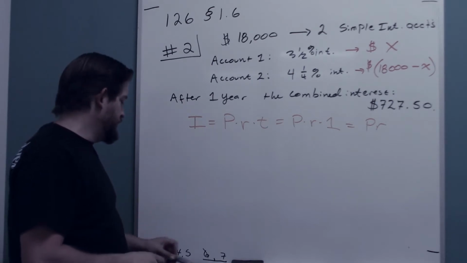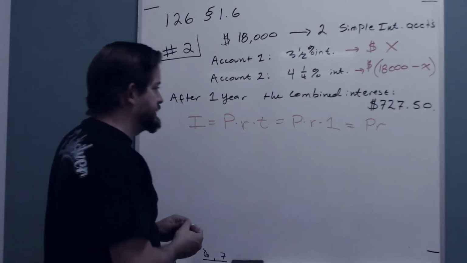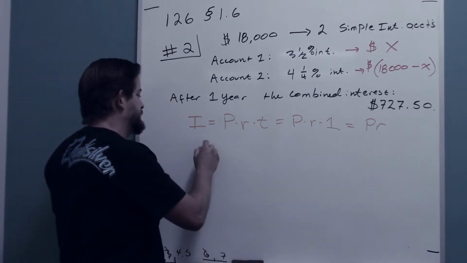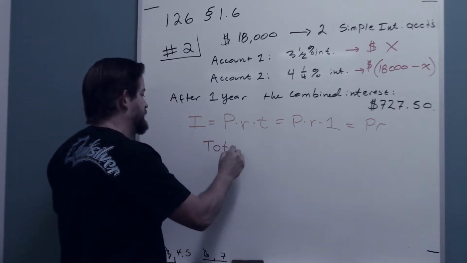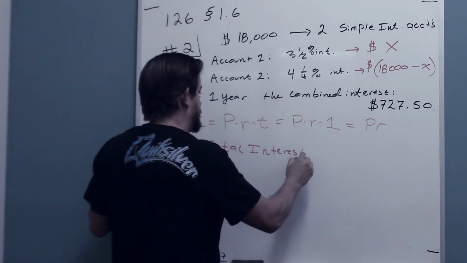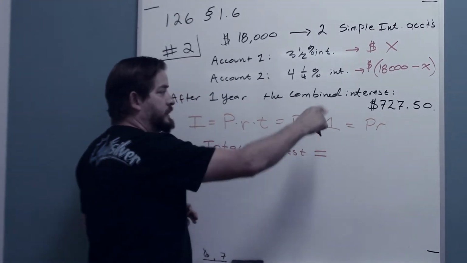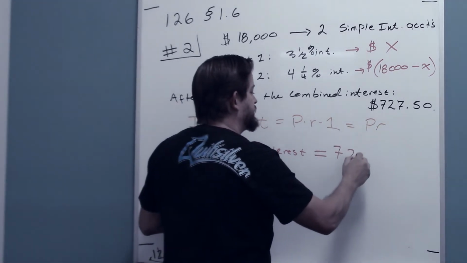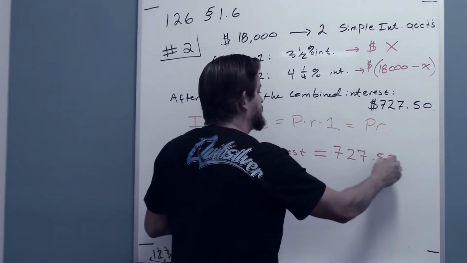So the overall governing equation here is that the total interest of the two accounts came up to $727.50, right?